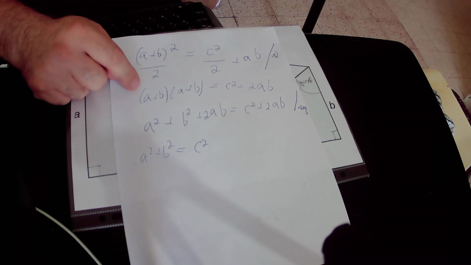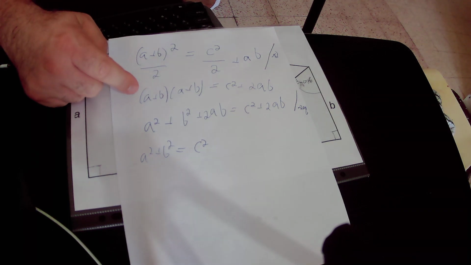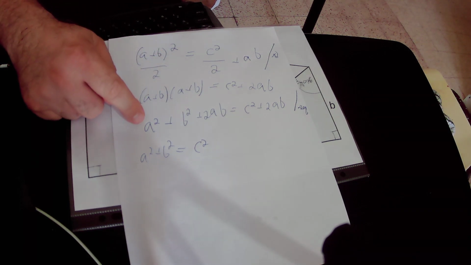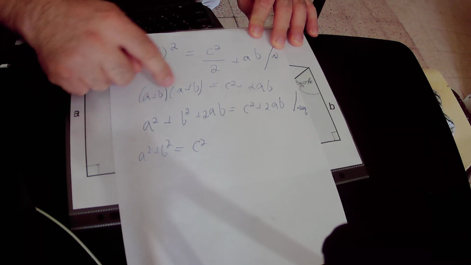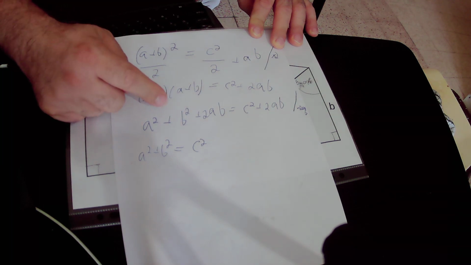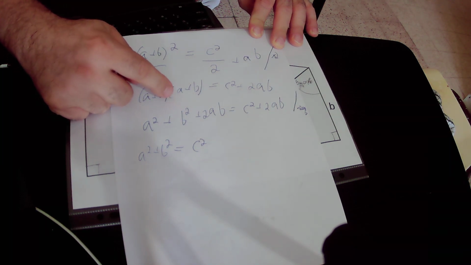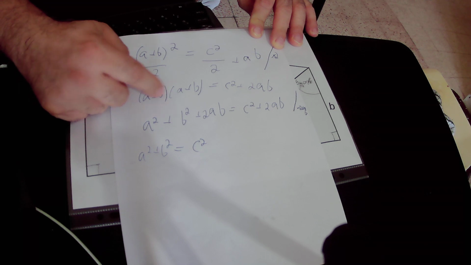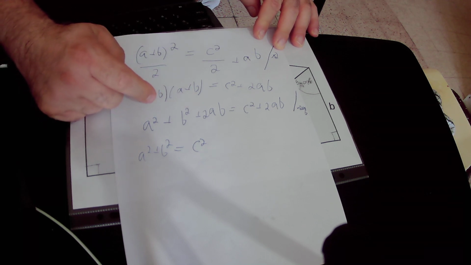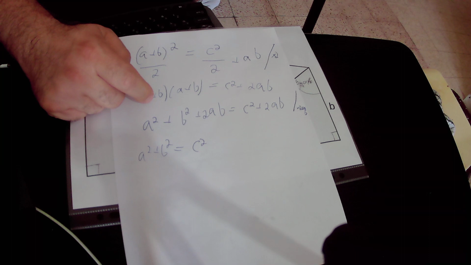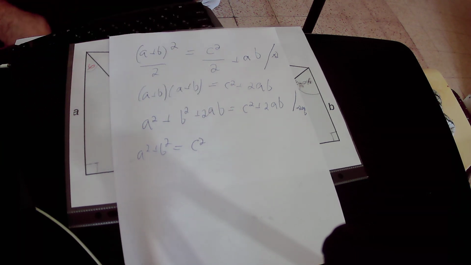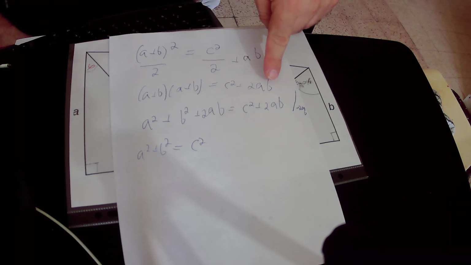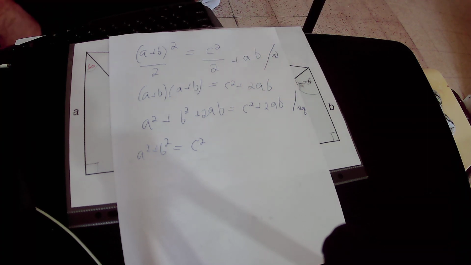Okay, then we can open the brackets of this expression. A times A is A squared, and B times B is B squared. Then we have B times A and A times B, so B times A plus A times B is actually 2AB, equals C squared plus 2AB.